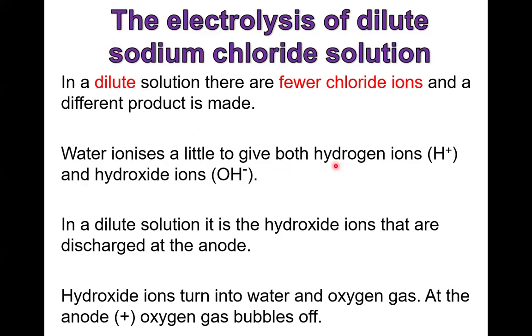Whether you have a dilute solution or a concentrated solution, it will always be hydrogen gas at the cathode. But at the anode, you'll get a different product. When you have a concentrated solution, you'll get chlorine gas, and when you have a dilute solution, you'll get oxygen gas bubbles. So that's the difference between the electrolysis of dilute and concentrated sodium chloride solution.